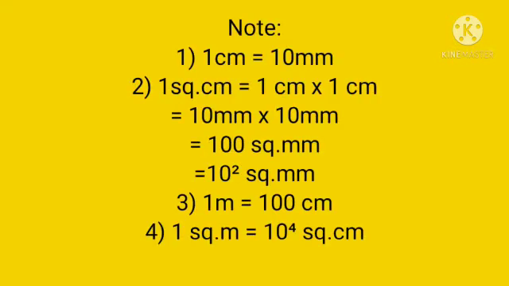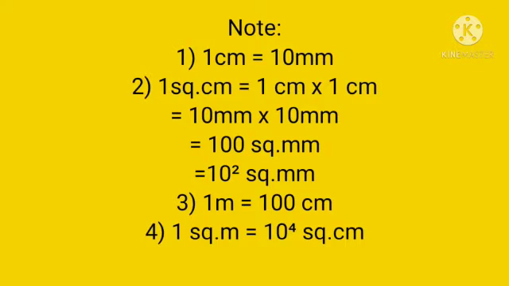Please note, 1 centimeter is equal to 10 millimeters. Therefore, 1 square centimeter will be equal to 1 centimeter multiplied by 1 centimeter, which is equal to 10 millimeter multiplied by 10 millimeter, since 1 centimeter is equal to 10 millimeter.